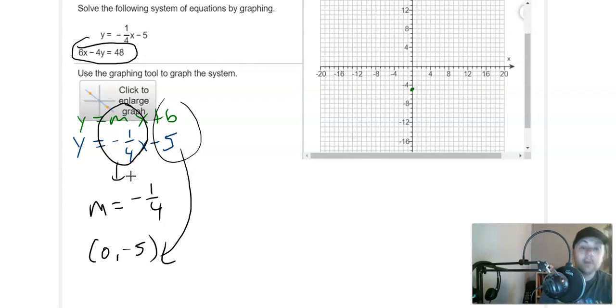The slope gives you directions for finding a second point. The slope is not a point in and of itself, but it's like the example I've given in class occasionally: it's like a treasure map. If you think about traditional treasure maps, you go 10 paces north, you go 12 paces west.